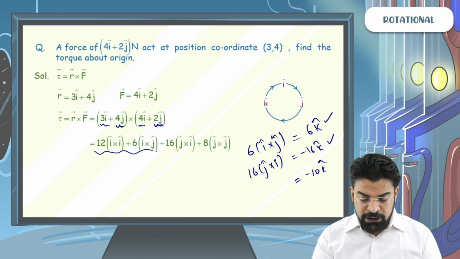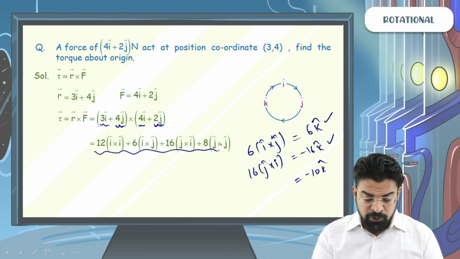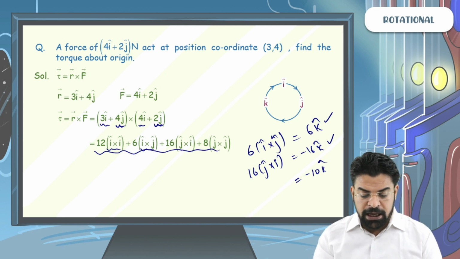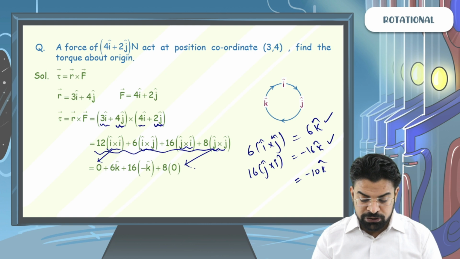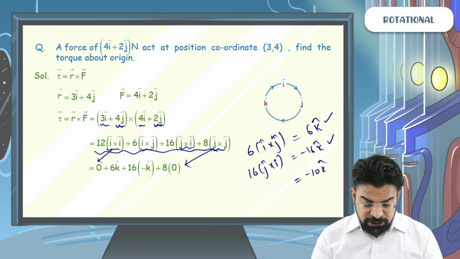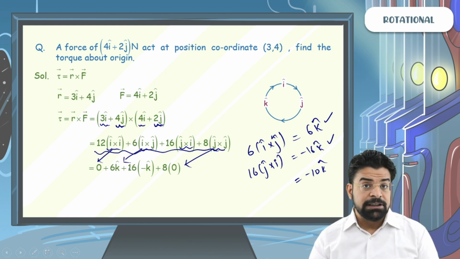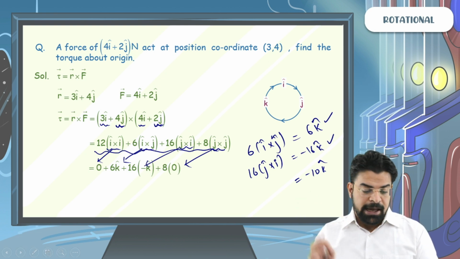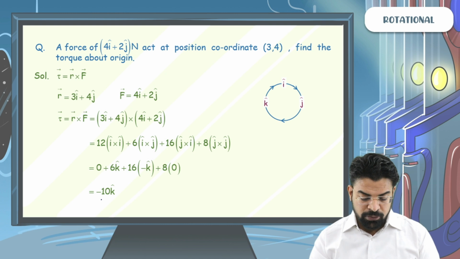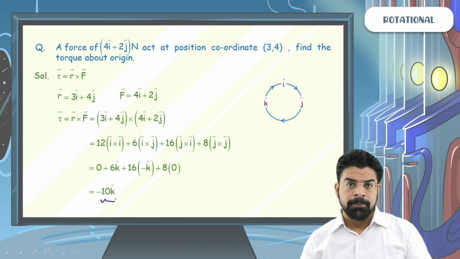You write down each term and substitute what i cross j, j cross i, j cross j are. Once you have substituted, i cross i is 0 and j cross j is 0. What you are left with is 6 times i cross j, which is 6k cap, and 16 times j cross i, which is minus 16k cap. So the overall result comes out to be minus 10k cap.